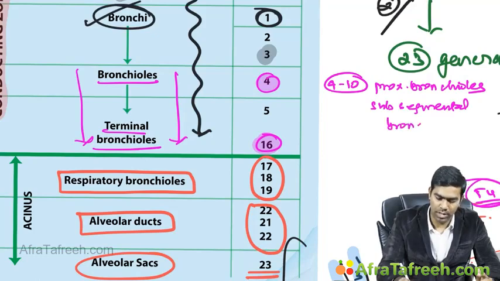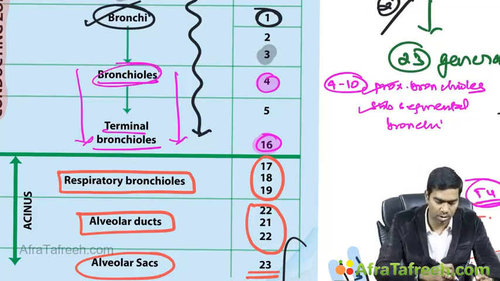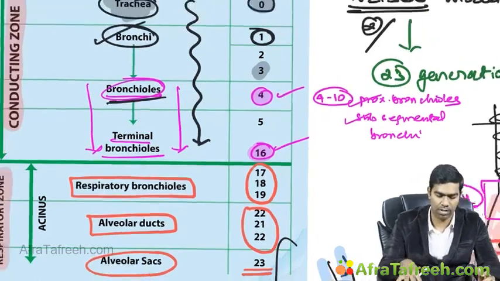These are terminologies given to these bronchioles, but I believe if we stick to the term bronchioles from generation 4 till generation 16, that is the terminal bronchiole, no need to confuse the term. Just remember it's a bronchiole, that's all.